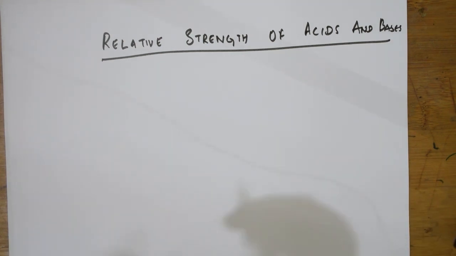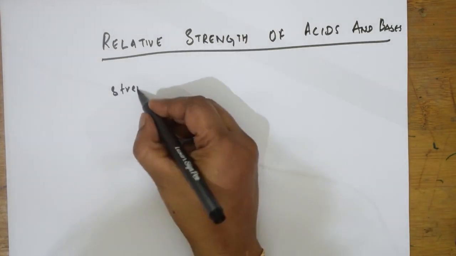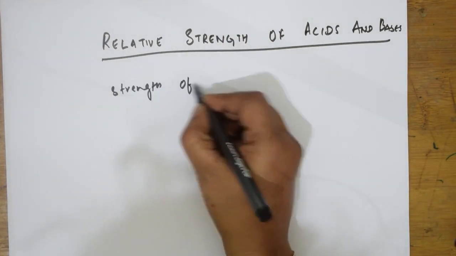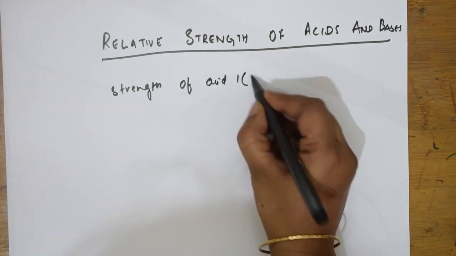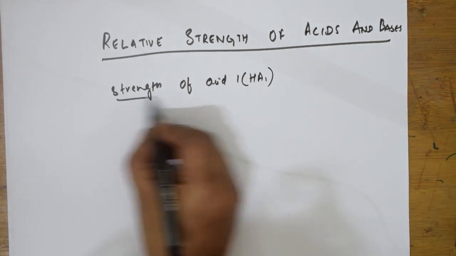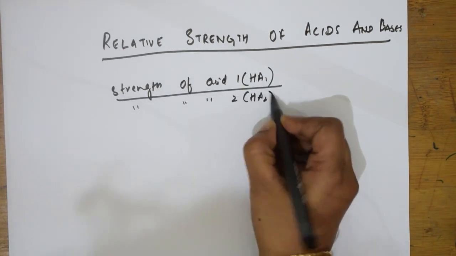Right. Suppose I am comparing two acids: strength of acid 1, which I write as HA1, and strength of acid 2, HA2.